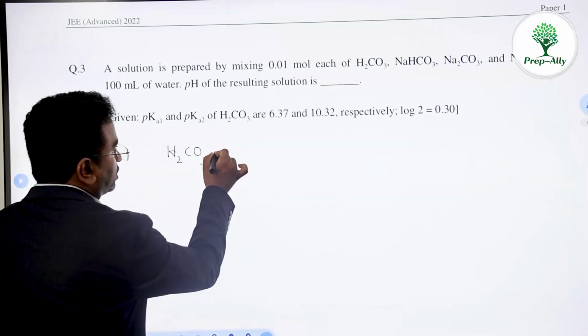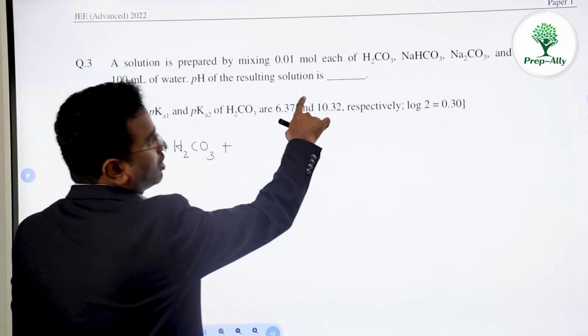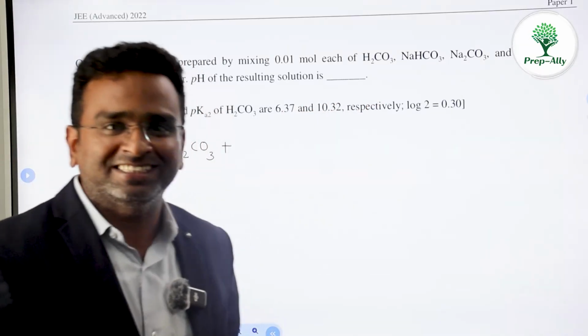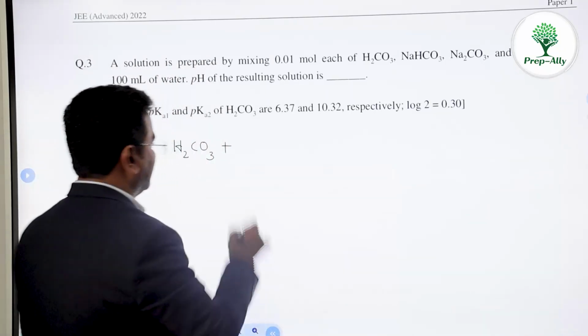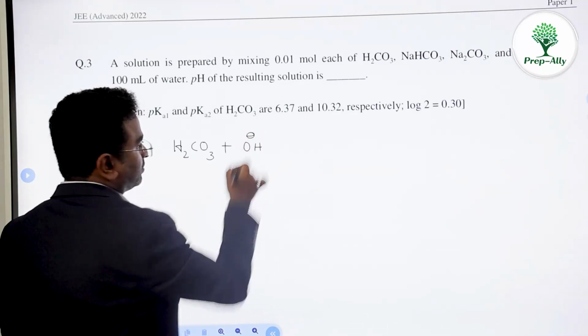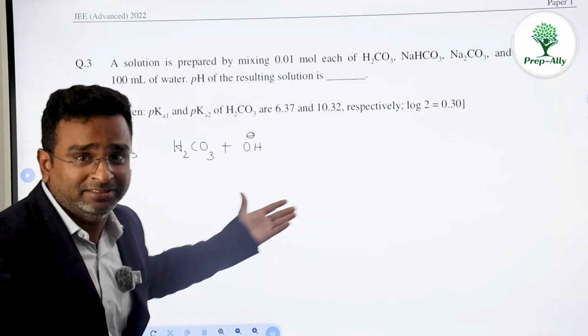Now H2CO3 will release its first H+ ion, and out of all the 4 species, can you guess which is the strongest base? Yes, you are absolutely correct. It is sodium hydroxide, so the OH- ion will react. I am not considering the spectator ions, which are Na+ ions.